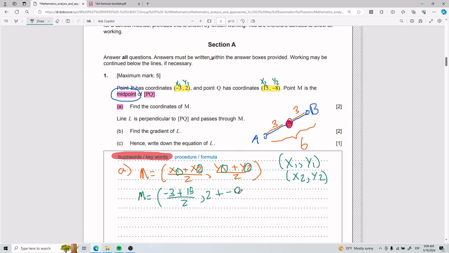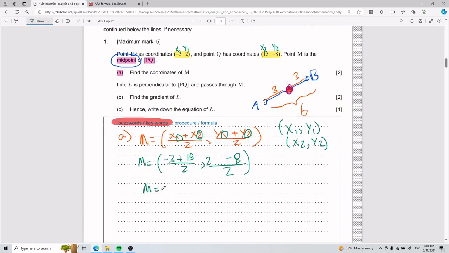So plus minus 8 divided by 2. So the plus minus 8 just ends up as -8. And my midpoint ends up being, on the one hand, 12 divided by 2. On the other one, -6 divided by 2. So that means that my midpoint officially is now going to be 6 comma -3. So that is for part A.